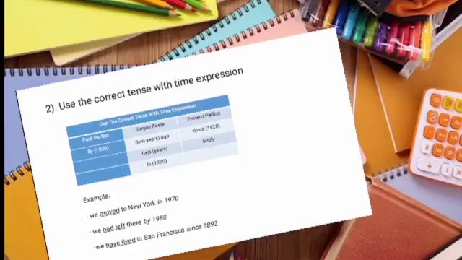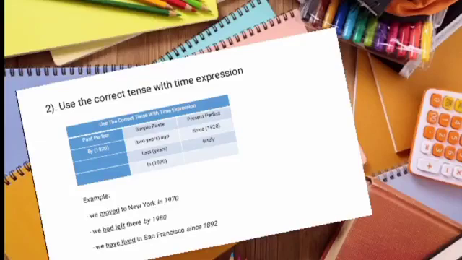Simple past is used with ago, for example, 2 years ago, 3 years ago, and etc. Last, for example, last year, last month, or another. And in plus a year, in 1920, for example.